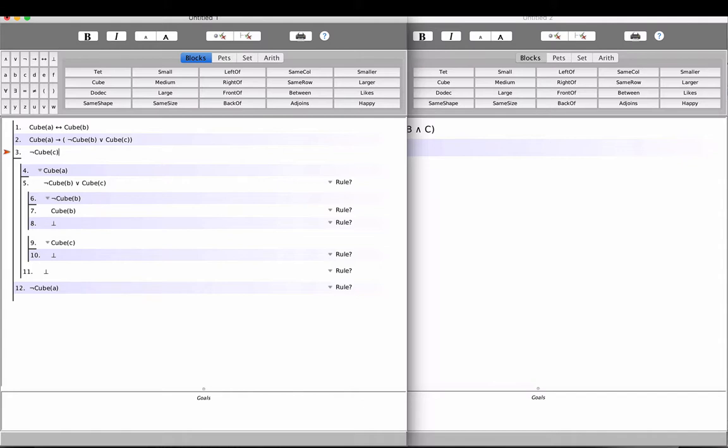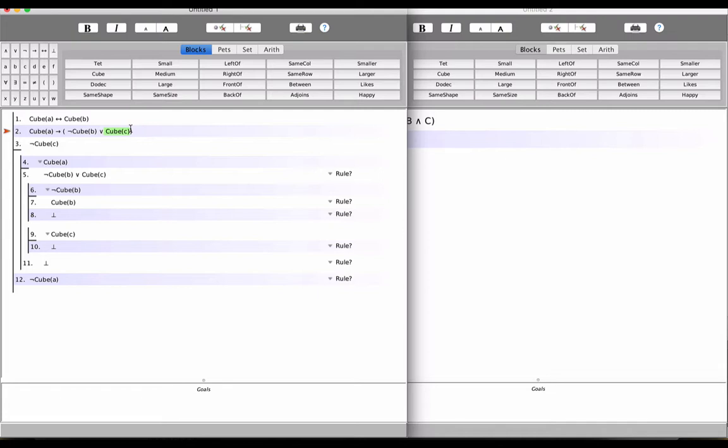And then when we have a negation, we want to think about finding a contradiction. So take a look at line 3 and notice that the sentence says not cube C. So look for cube C in your premises. Do you see it anywhere? Yes, you do. You see it nested deep within the conditional at line 2.